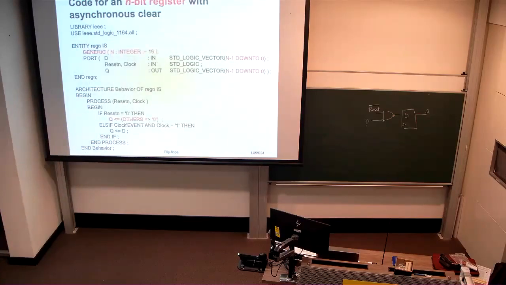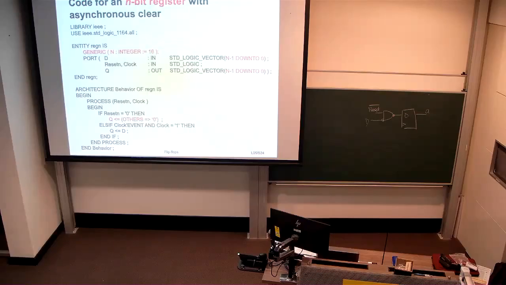If you wanted to make an n-bit register, then we can use what's known as a generic parameter, as illustrated up here, for n, which is given the default value of 16, in order to define how large these vectors are that we want to store.